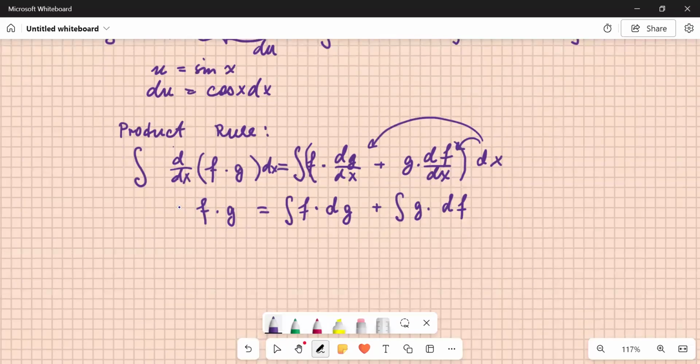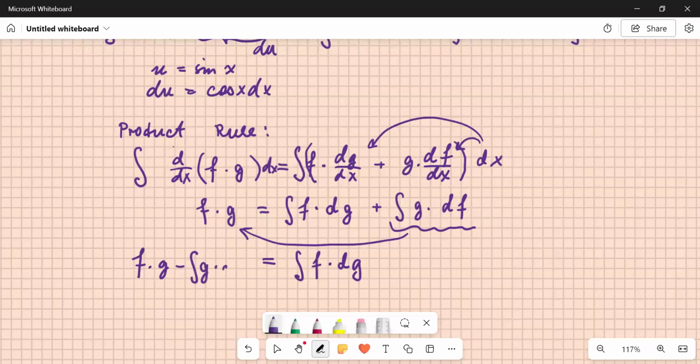So what are we going to have in this case, guys? Well, now how do we use the rule actually? We are going to move this expression to this side and write down that the integral of f dg is going to be equal to f multiplied by g minus the integral of g df.